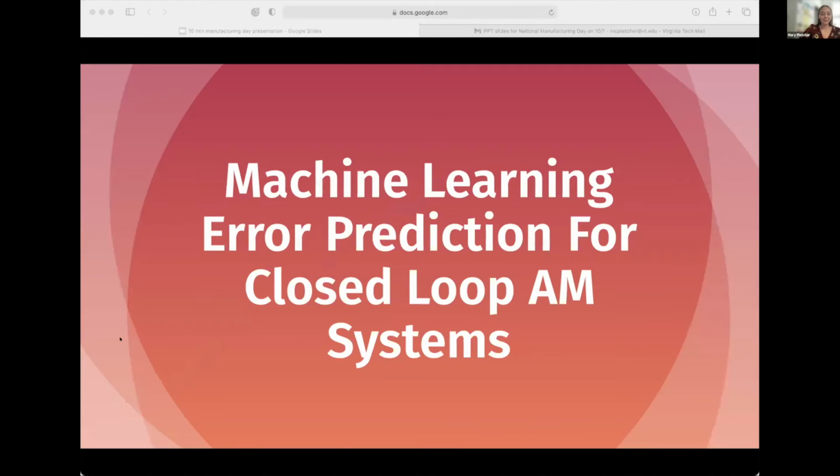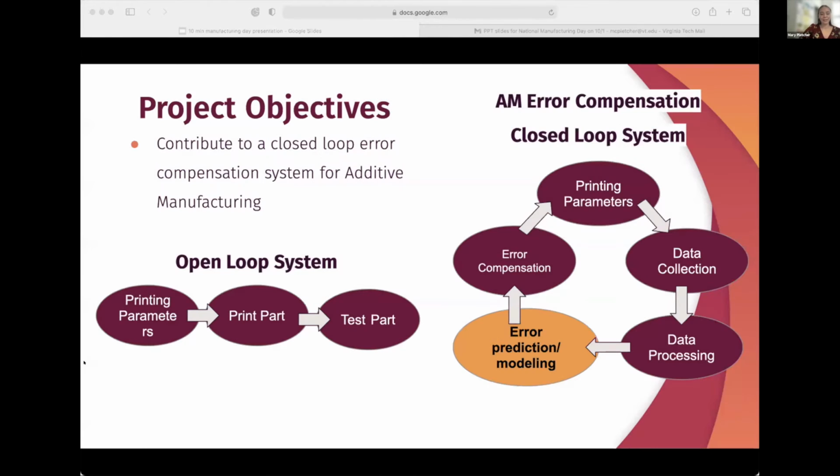So the project that I helped with over the summer was machine learning error prediction for closed loop additive manufacturing systems, which is a mouthful, but essentially it was using machine learning to predict errors that would occur during the additive manufacturing process. So the overall objectives of the project were to contribute to closed loop error compensation systems for additive manufacturing.